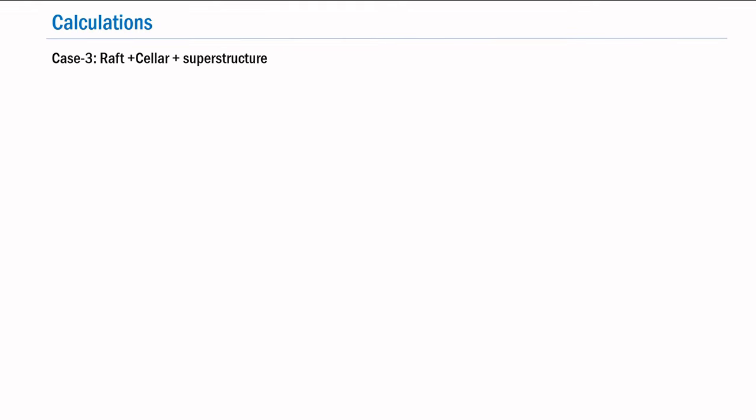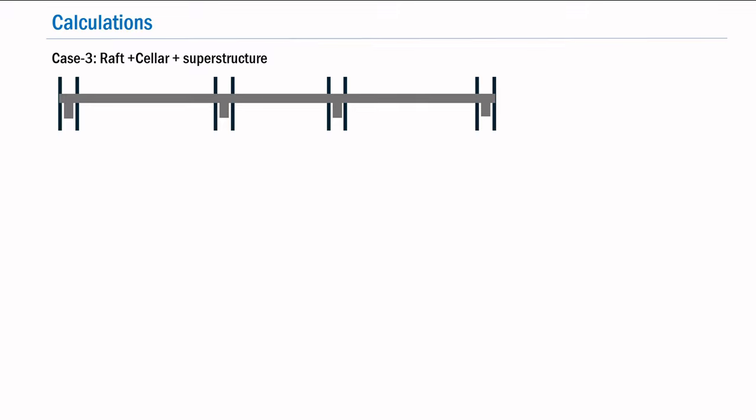Now we proceed to the final case, that is case 3, wherein the flexural rigidity calculation includes the contribution from the raft, cellar slab, and also from the superstructure. So now we shall start with the contribution from the typical floor slab of the structure, including these 4 beams.